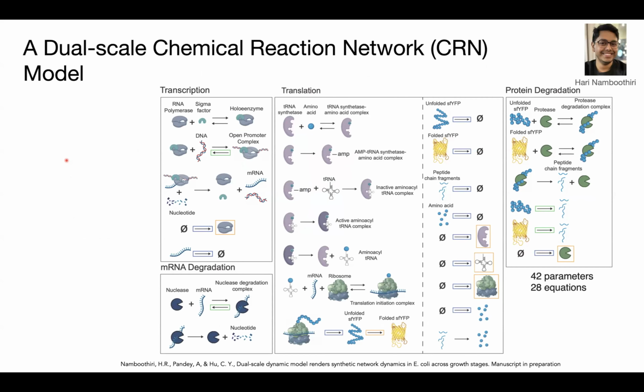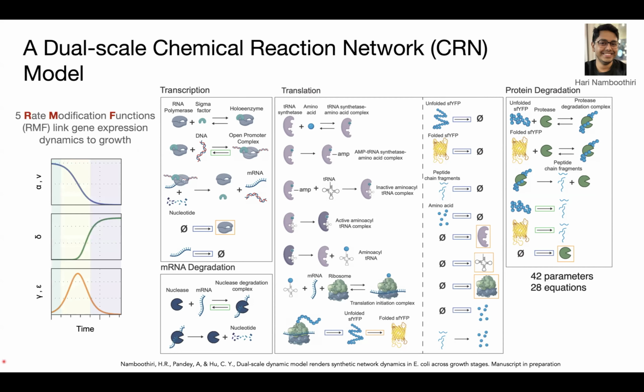This model contains 42 parameters and 28 equations that capture every single detailed interaction inside of the cells for DNA to get transcribed and translated into a protein. And there are 5 rate modification functions we came up with, and we use these RMFs to link gene insertion dynamics to growth.